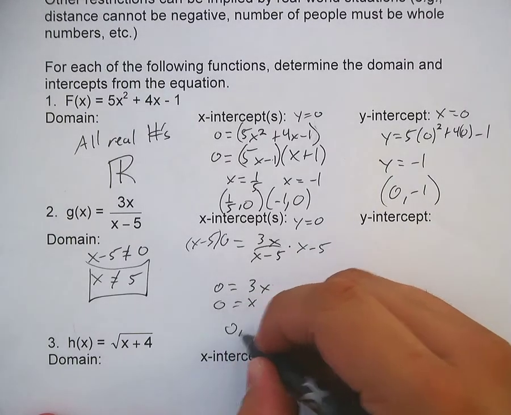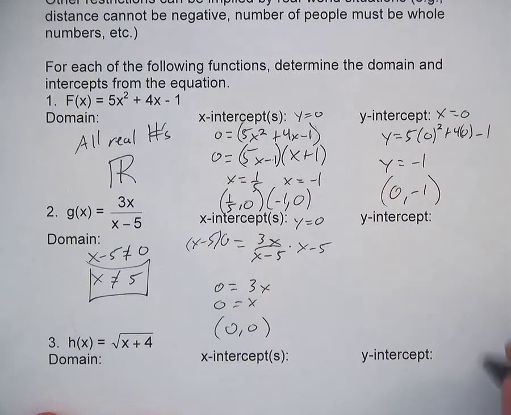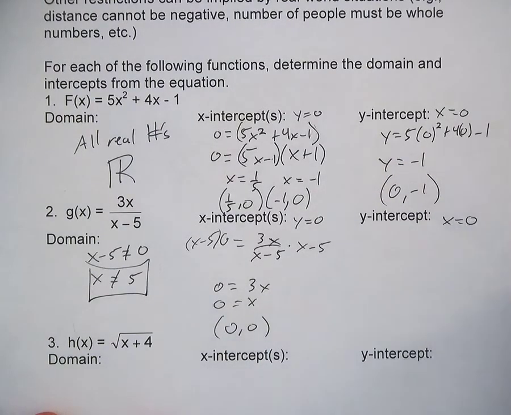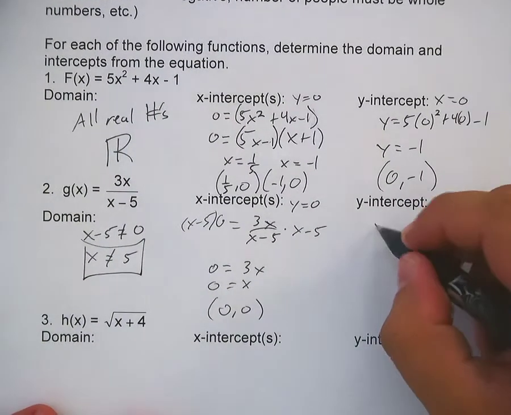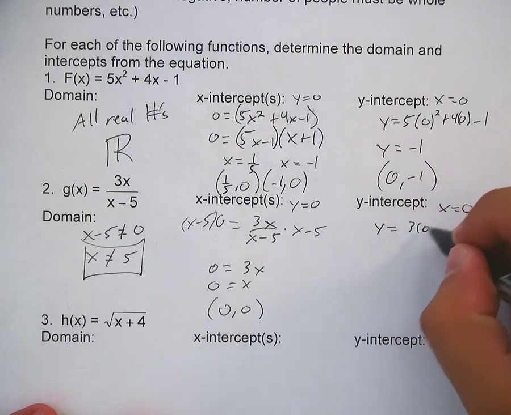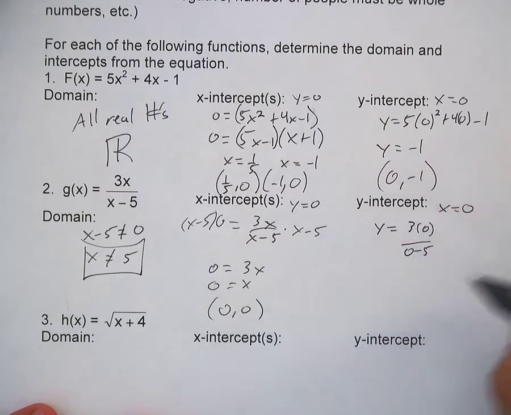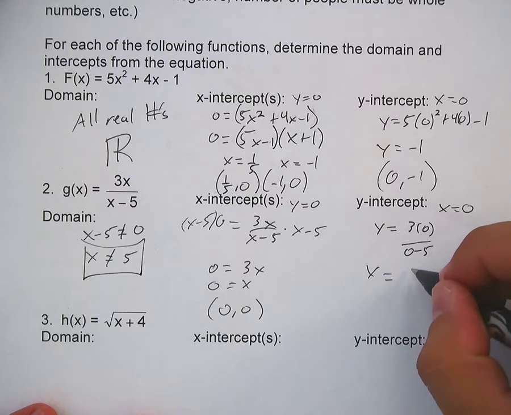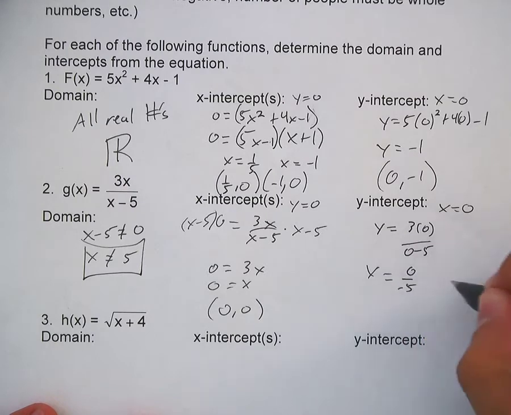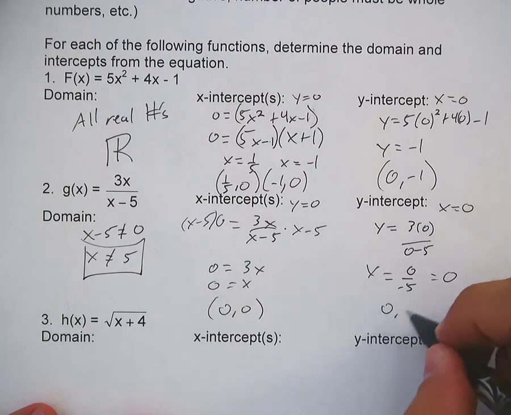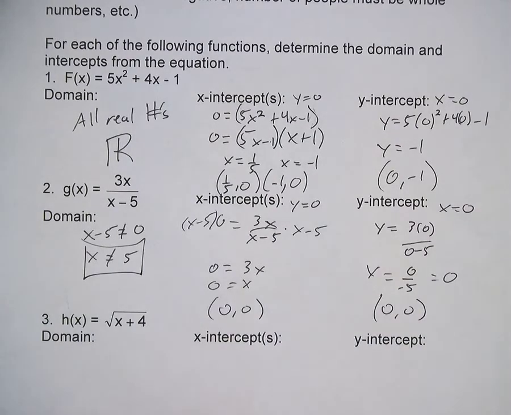So your intercept is (0, 0). Y-intercept, set x equal to 0. Y equals 3 times 0 over 0 minus 5, 0 over negative 5. So again, (0, 0). That's really all there is to it.